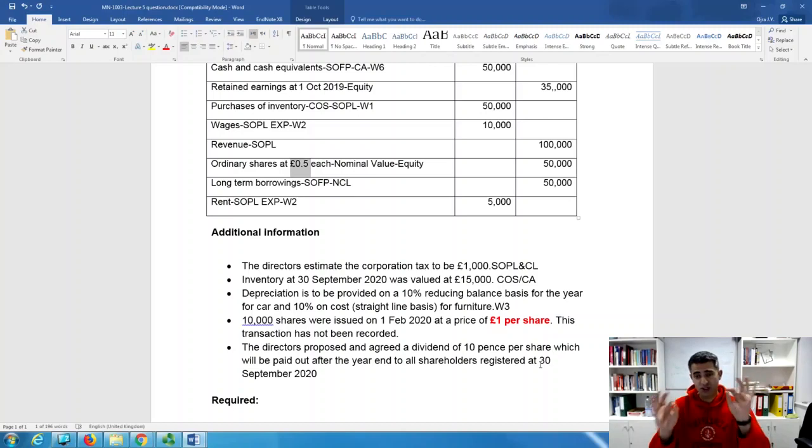So the difference between the market value £1 and the nominal value 50 pence, it's the premium value, 50 pence.